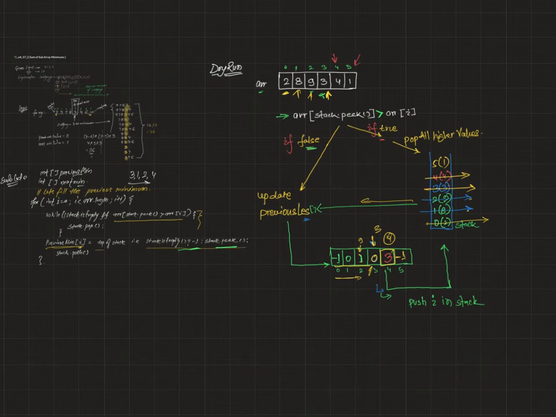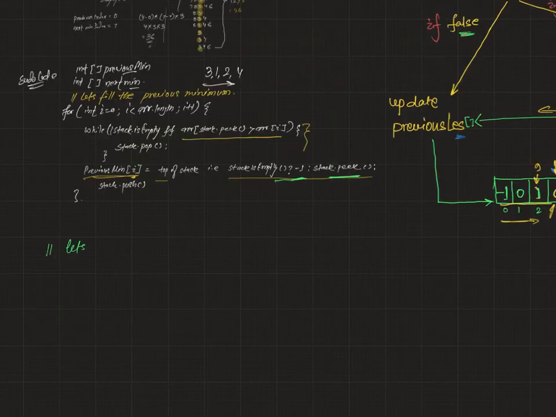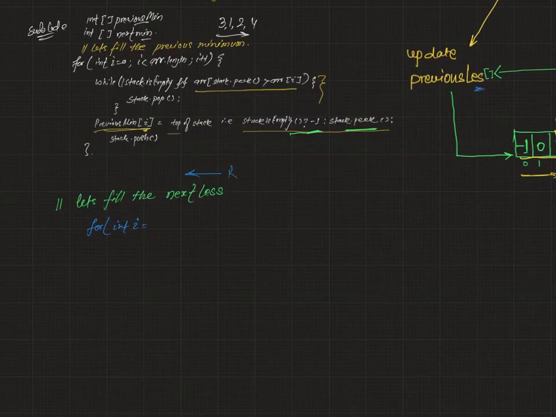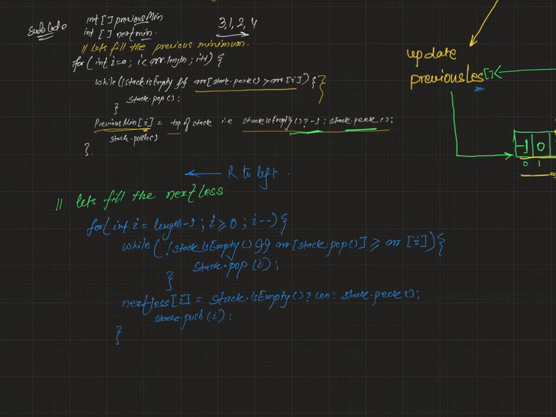In the same way we are going to fill the next list. So if we are here right now, we are looking for this side. In the next array we are going to look at that side, and fill with the same logic. So here is the pseudo code for filling the next list.